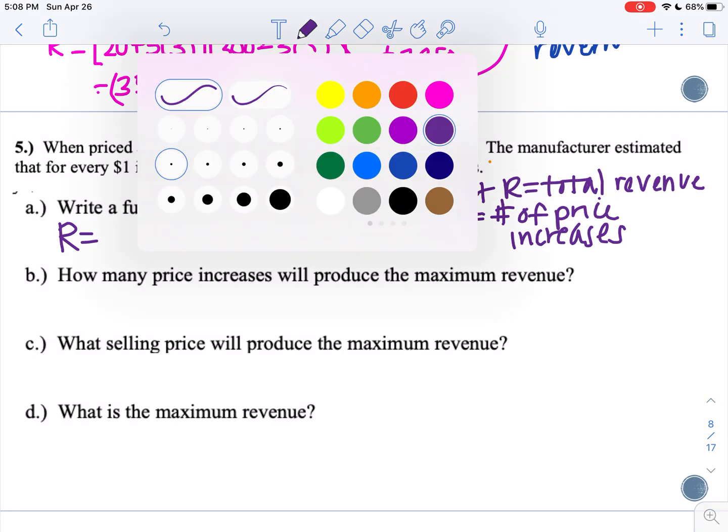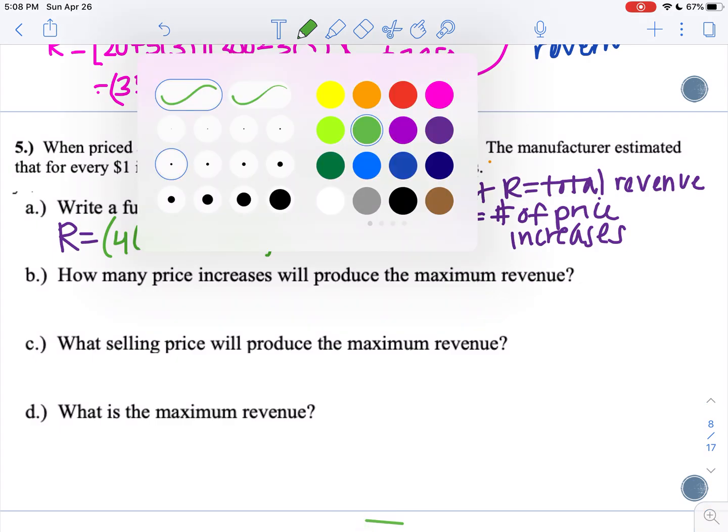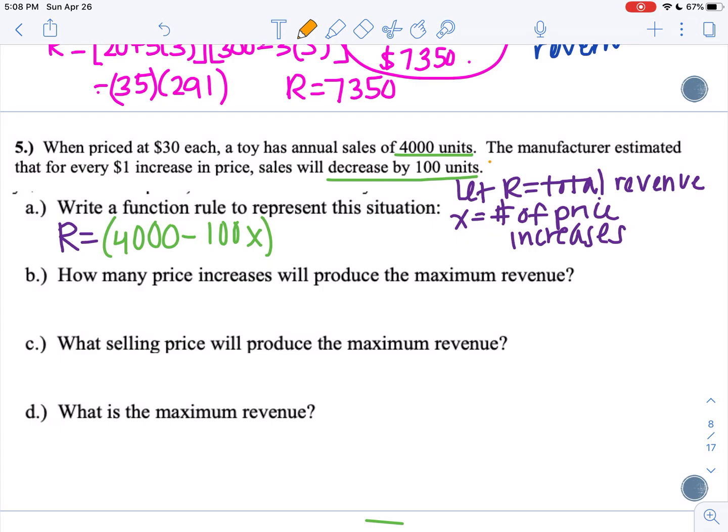And we're going to first start by talking about the number of units sold. So I'm going to do that in green. When priced at $30 each, a toy has an annual sale of 4,000 units, but that sale will decrease by 100 units. So to first talk about the number of units sold, I'm going to do 4,000 minus 100x. Then I'm going to write my second binomial, which is going to represent the price or the cost.